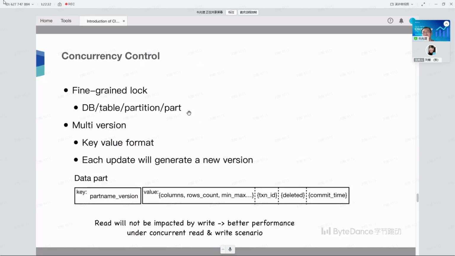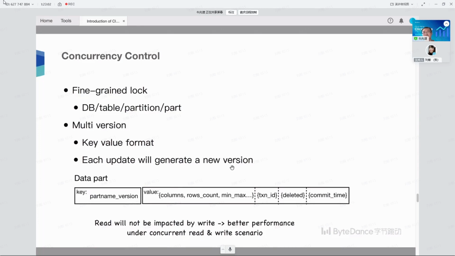And in order to further improve concurrency, we also propose the multi-version concept for our metadata. Imagine one user is updating one part. We will not do in-place updating. Instead, we will generate a new version for this part. So the old part will not be changed.